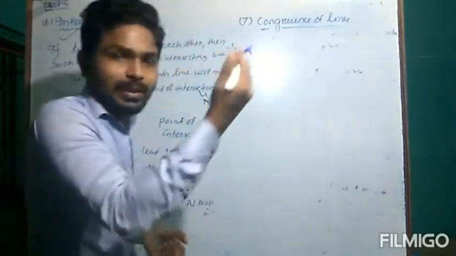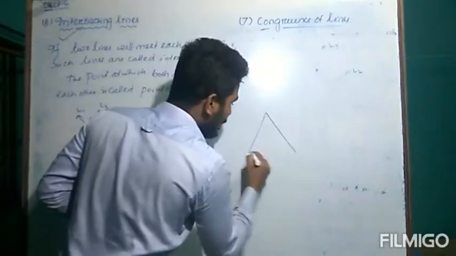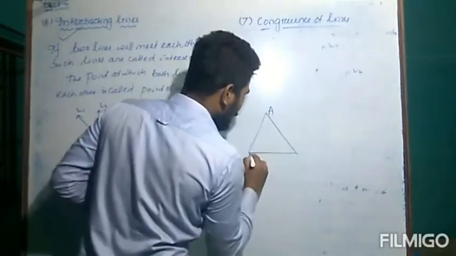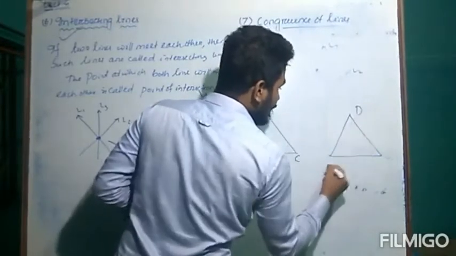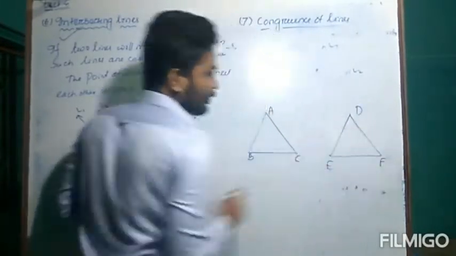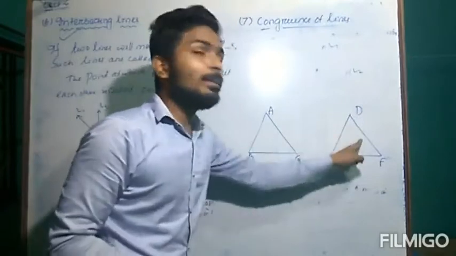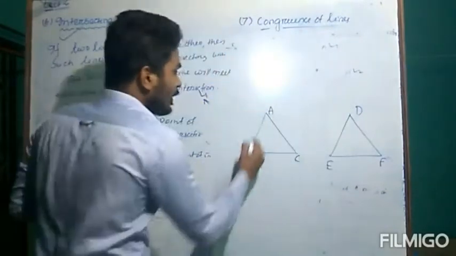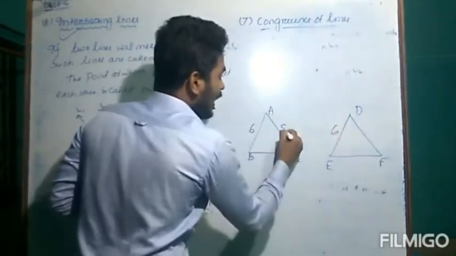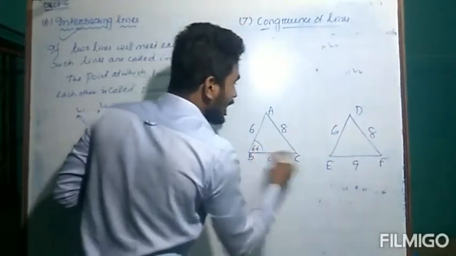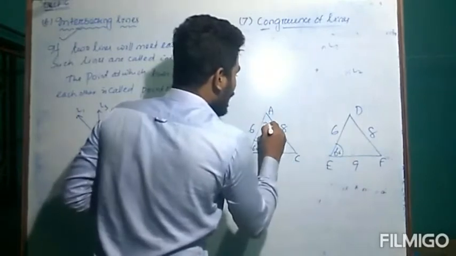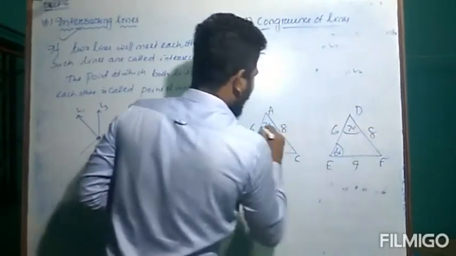Suppose you take two triangles. Suppose this is a triangle ABC. There is another triangle DEF. Then these two triangles will be congruent if all their sides are equal and also all their angles are equal.